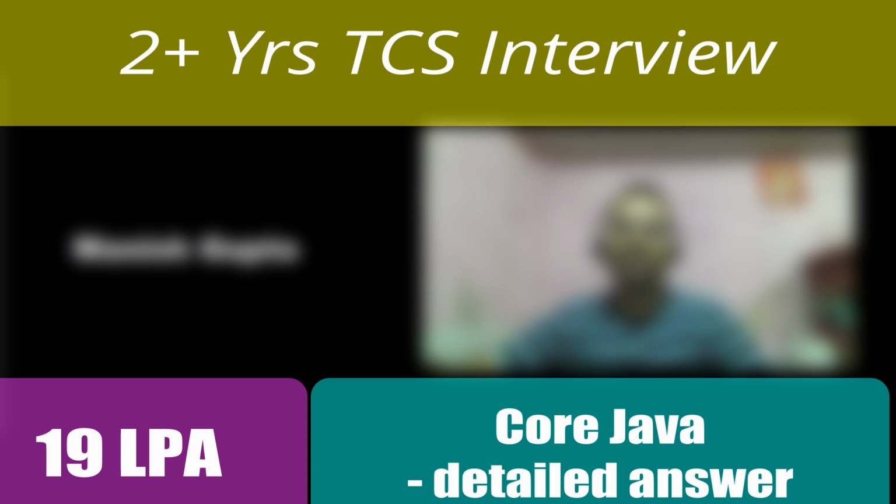So what will be the output? It will be Pathak only. Because we have String s equal to Akash and then we replaced s with the next string, Pathak. So Pathak will be the output.